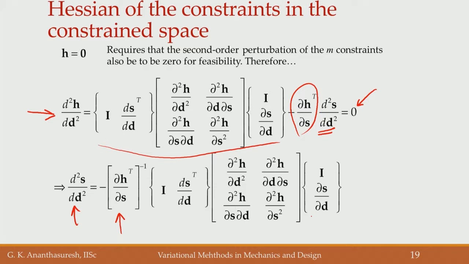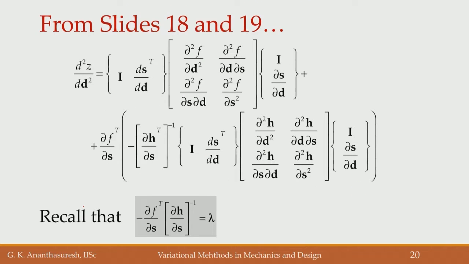Now, we go back and substitute this in the second order expansion of our z. Z is basically the new function that we imagine which takes care of the active inequalities and equality constraints. Now, we substitute and go back, look at this d square z by dd square, then we get something like this.